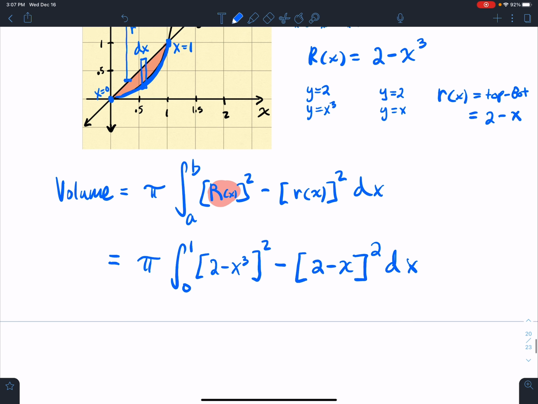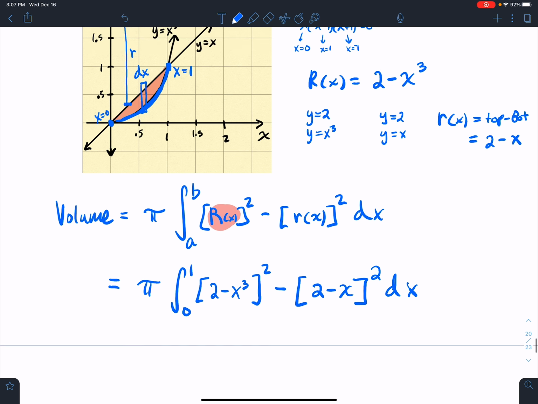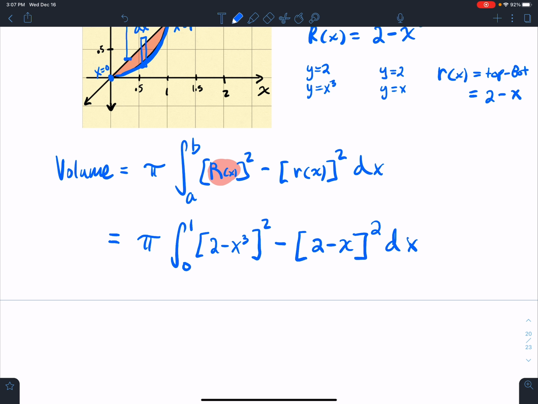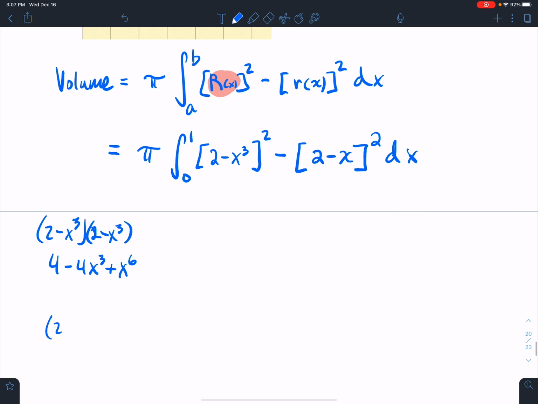Now I do some algebra and get an answer, and we can walk through that. 2 minus x cubed times 2 minus x cubed is 4 minus 4x cubed plus x to the 6th. And 2 minus x times 2 minus x is 4 minus 4x plus x squared.